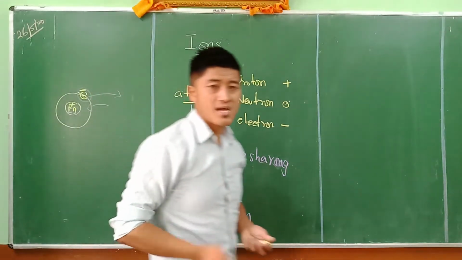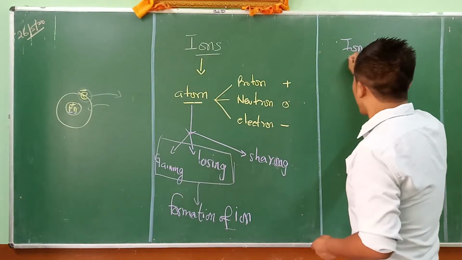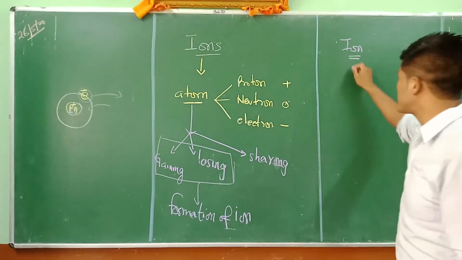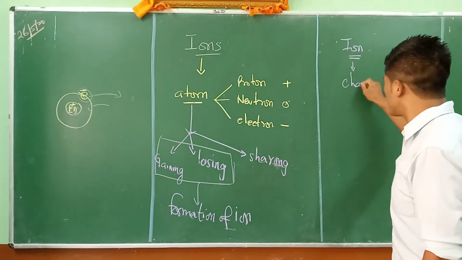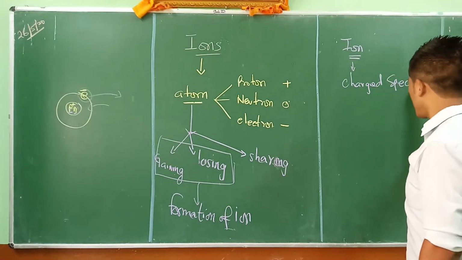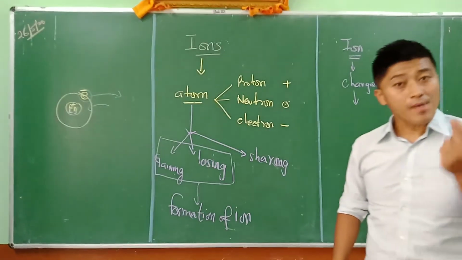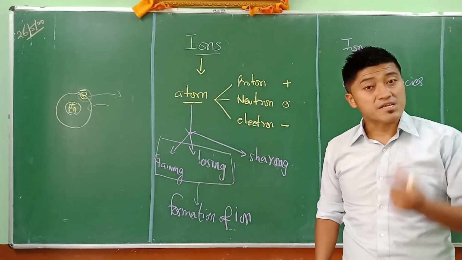Now let us try to understand the definition of ion. What is an ion? An ion is a charged species. Understand? That means there are some atoms which come with a certain kind of charge.